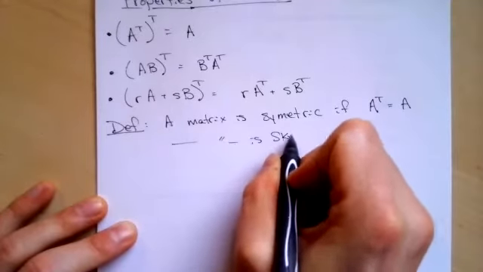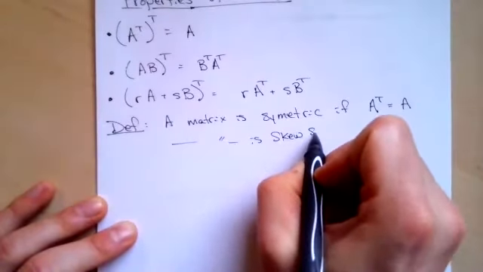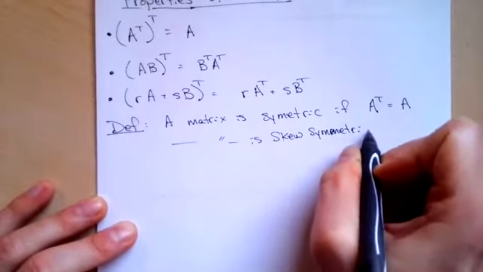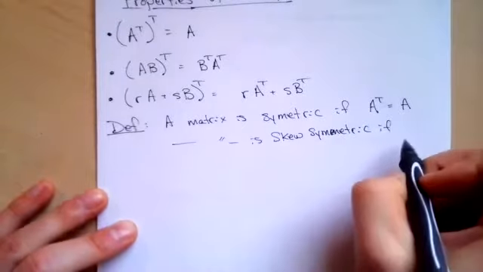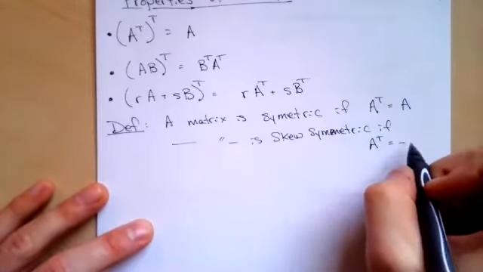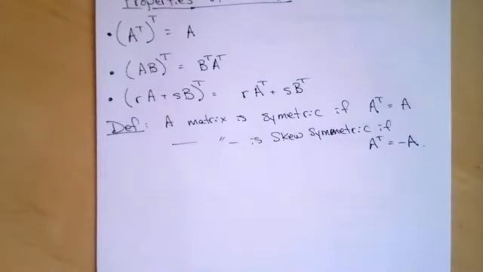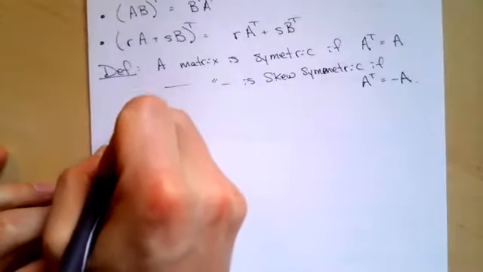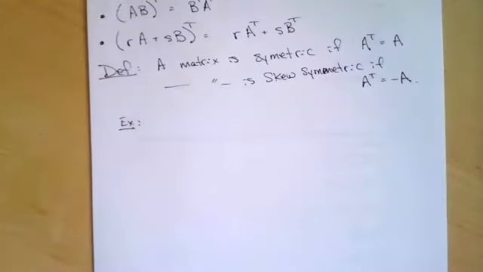We call the matrix skew symmetric if, when we take the transpose, we get the same matrix back, but negative. So maybe do an example. Let's take a look at where this terminology comes from.